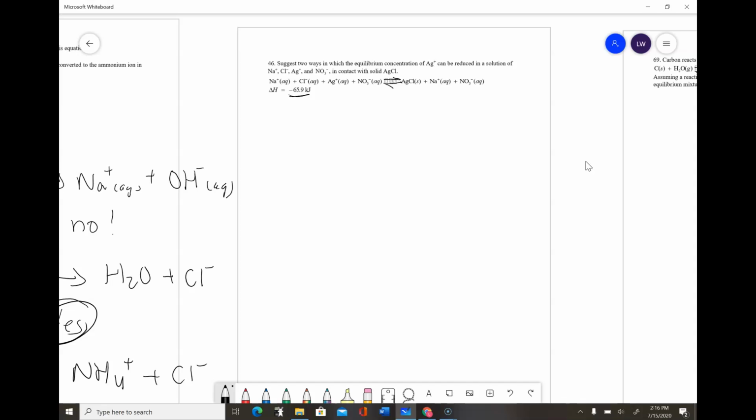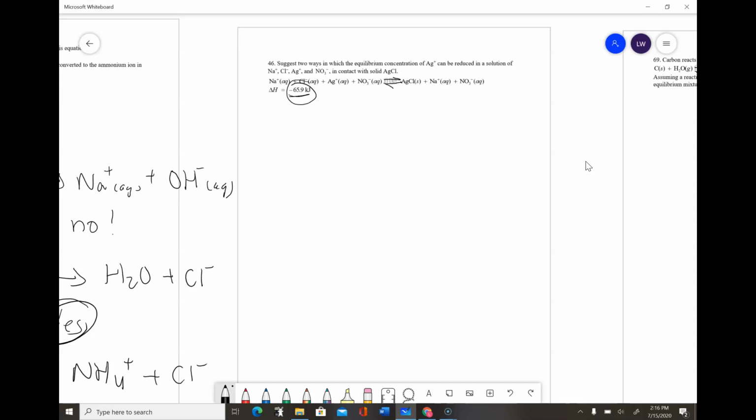So it says, suggest two ways in which the equilibrium concentration of silver ions can be reduced in a solution of sodium ions, chloride ions, silver ions, and nitrate ions in contact with solid silver chloride. So you've got to have two ways. For me, the first thing that comes up is to think about the temperature, right?